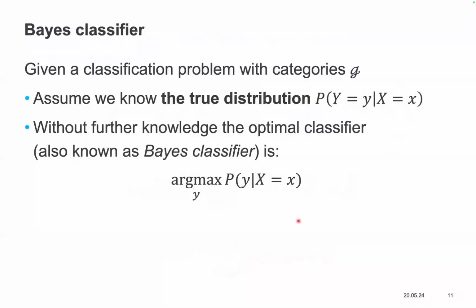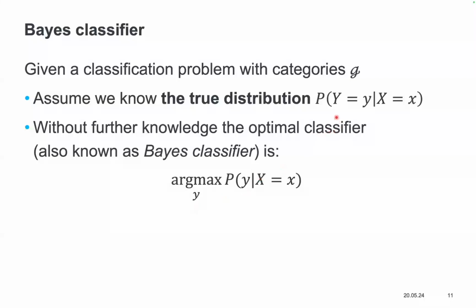So assuming that we know the true distribution, we know how often an object is classified with which probability into a particular class, we want to pick as a prediction the class that is most probable. And that's directly understandable from this loss matrix.